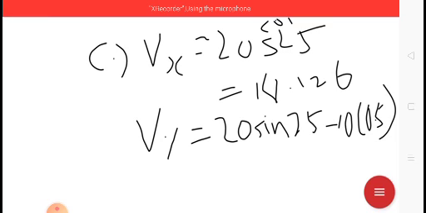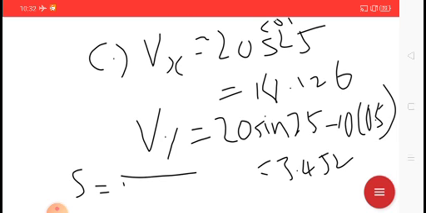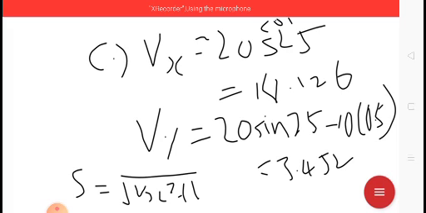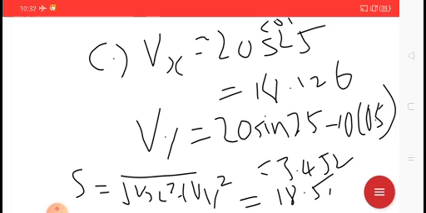And you will get about 3.452, right? You can use the exact value directly, and you will find the speed is equal to the square root of vx squared plus vy squared. If you put in the exact value, you will get a better answer. So the answer will be 18.5 meters per second for C. Okay, question 1 done. Now we look at question 2.